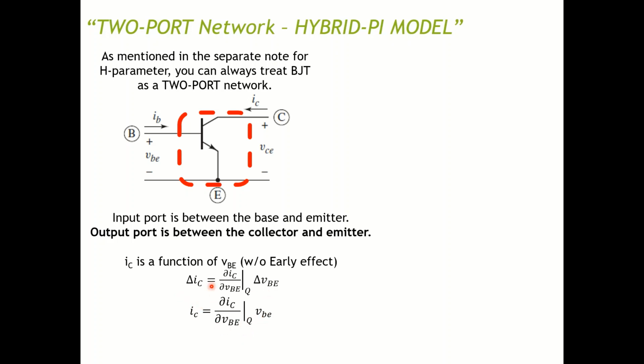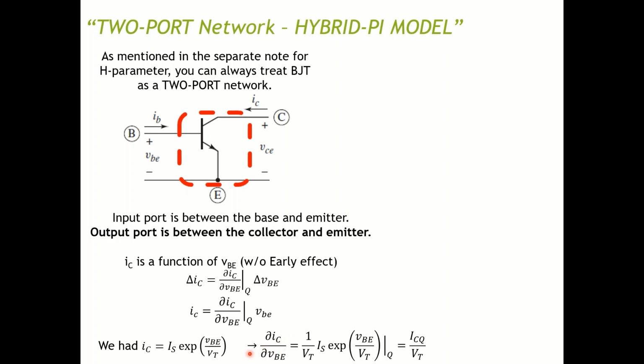You can also rewrite it like this. We have IC equal to IS, the saturation current, which is usually 10 to the negative 13 ampere or 0.1 picoamperes, multiplied by the exponential of VBE over VT.